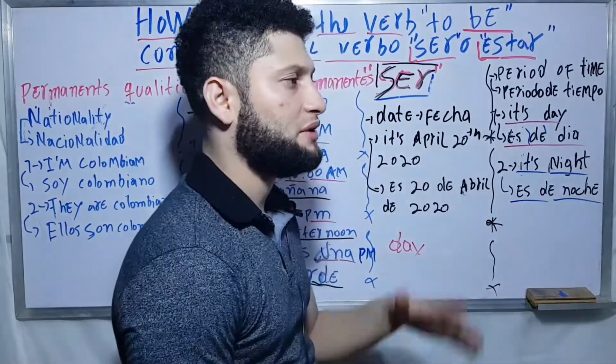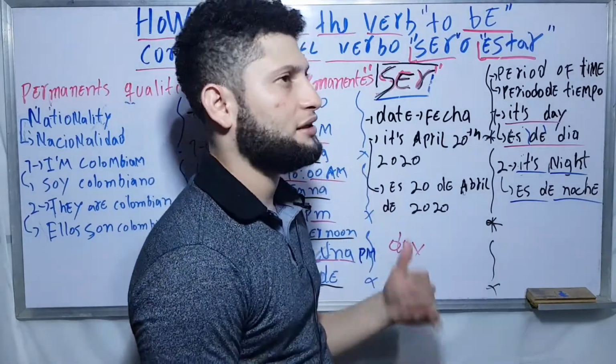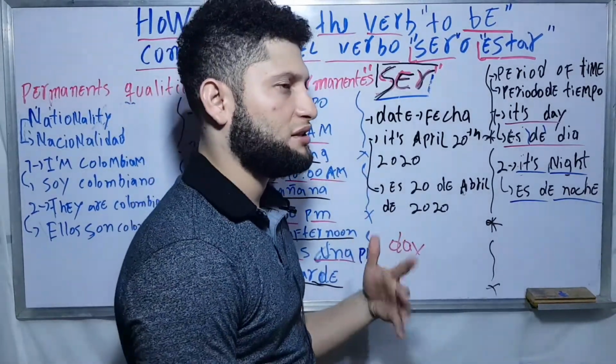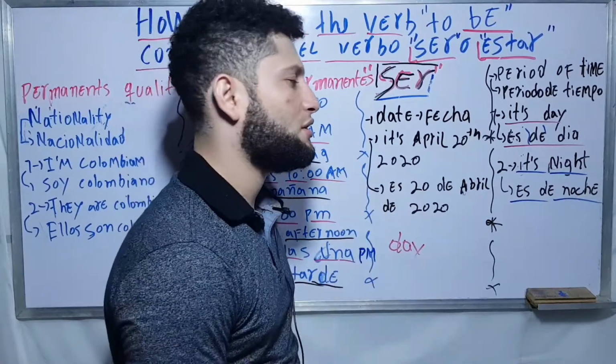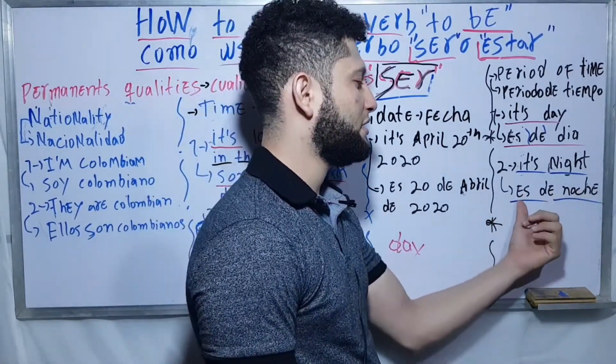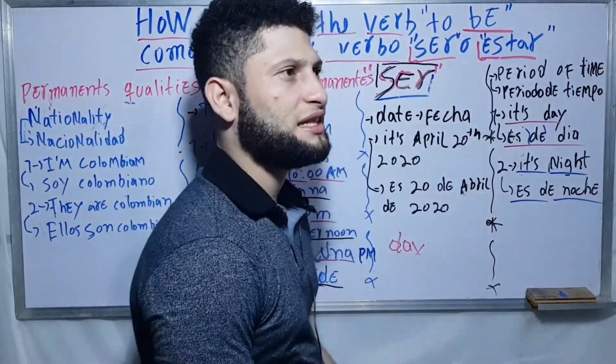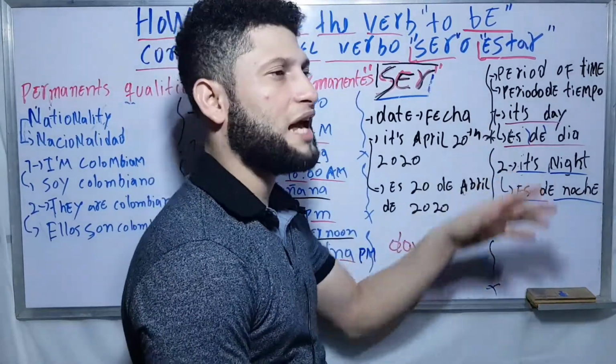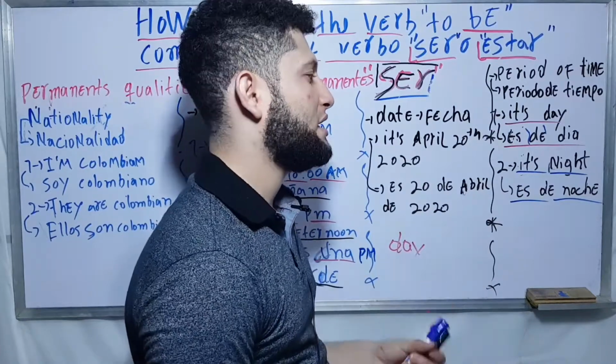For example, if a friend of yours is calling you and tells you, hey, come here, there is a party at home, and you say es noche, you omit this part, you are saying that it's too late in order to go outside, and it could be dangerous.